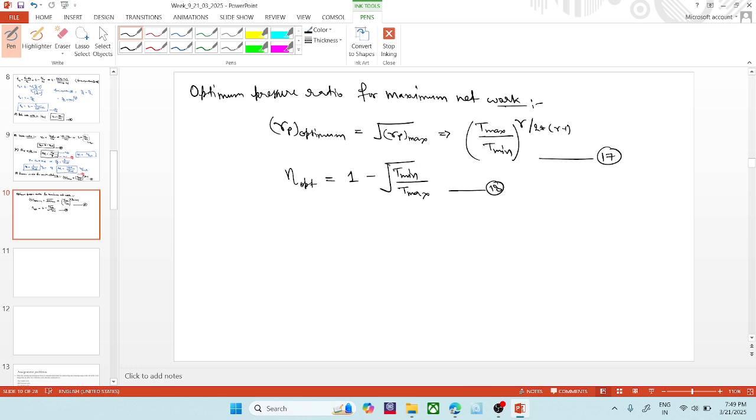So these 18 relations will help us to find out the performance of the gas turbine cycle. Next, there are different modifications made in order to improve the performance, or we can say the work output, of a Brayton cycle. So the first one is the regeneration.